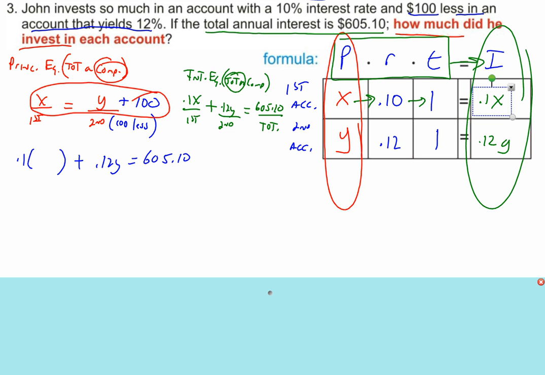And I'm going to sub in the y plus 100, right? And again, because you have decimals, just use your calculator. 0.1y plus 10 plus 1.2y equals 605.10. 0.22y equals 595.10. Divide both sides by 0.22. Calculator.